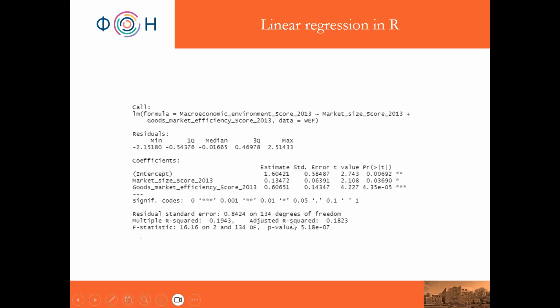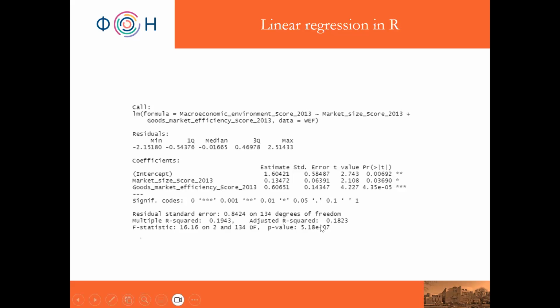The adjusted R-squared is a measure which tells us how well our independent variables, here market size score and goods market efficiency score, explain the variability of our dependent one. Adjusted R-squared takes values between 0 and 1. The closer it is to 1, the better our model is.